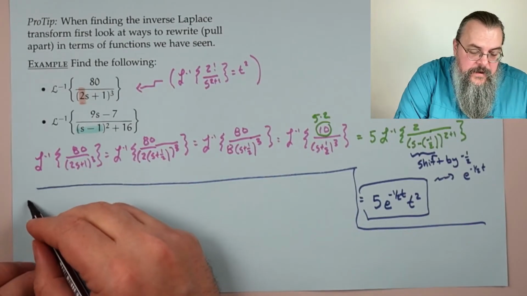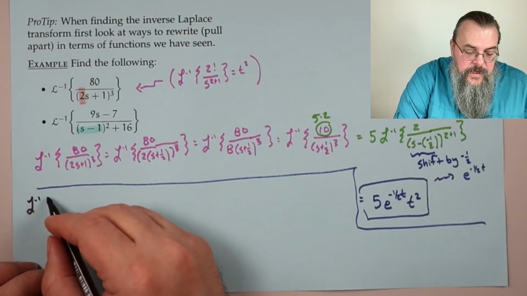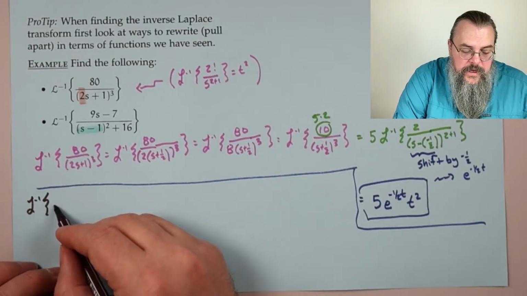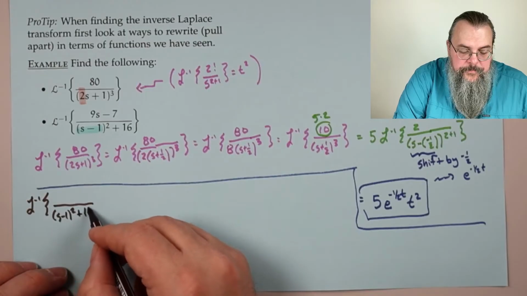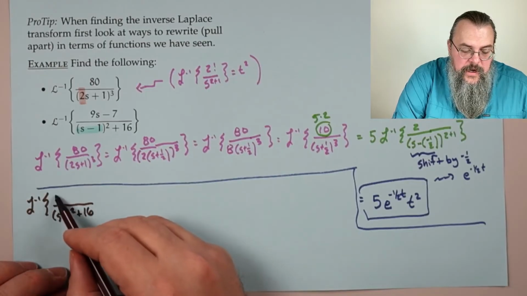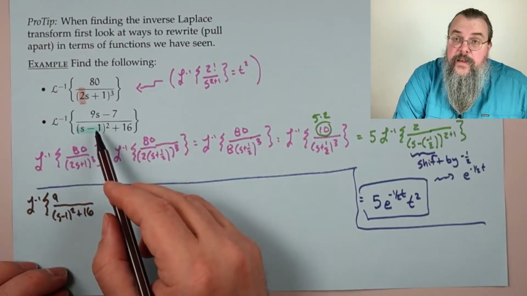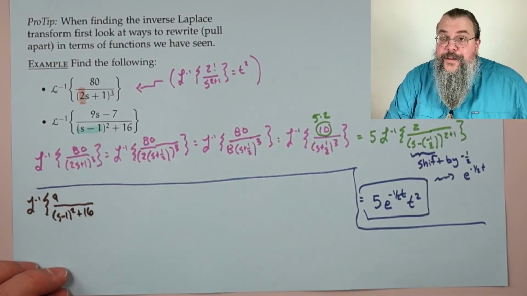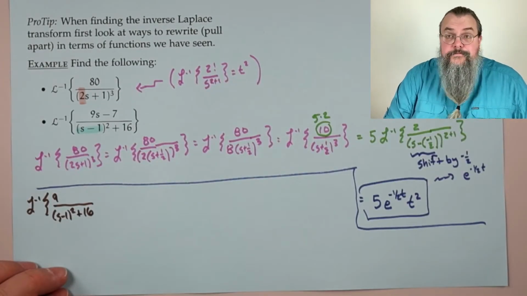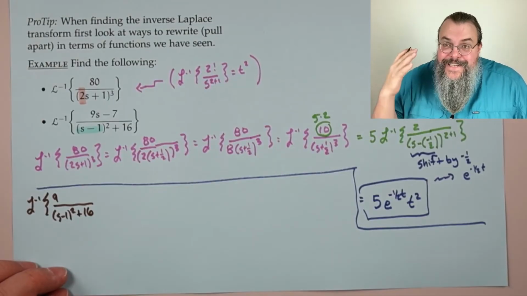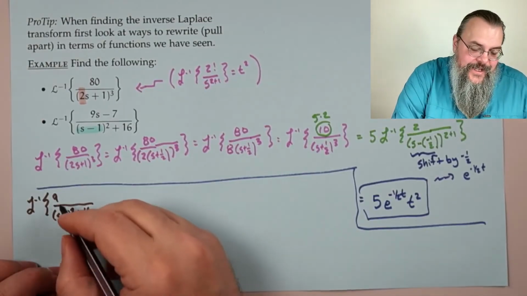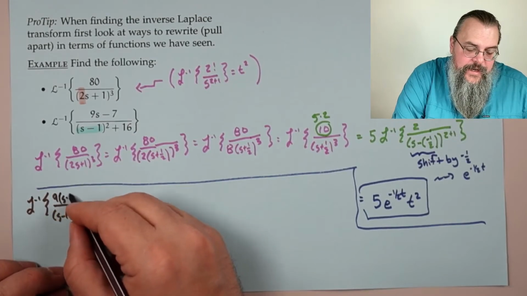So we have our Laplace inverse of, well, downstairs, it's as good as you can hope for. So instead of s, I'd like it to be s minus 1. So what do you do? You make it s minus 1, right? Exactly what you do. So you say, okay, 9 times s minus 1.